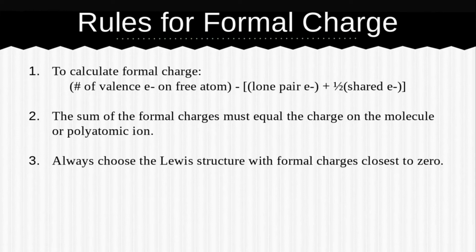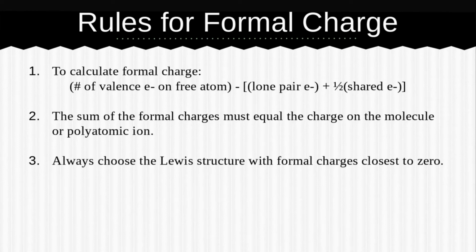the more electronegative elements will want a more negative charge, and the less electronegative elements would be happy with a more positive charge. So, if you have two structures where in one of them, oxygen has a positive charge and in the other, oxygen has a negative charge, well, oxygen is pretty electronegative, so it's going to be more stable with the negative charge than it will be with the positive charge.